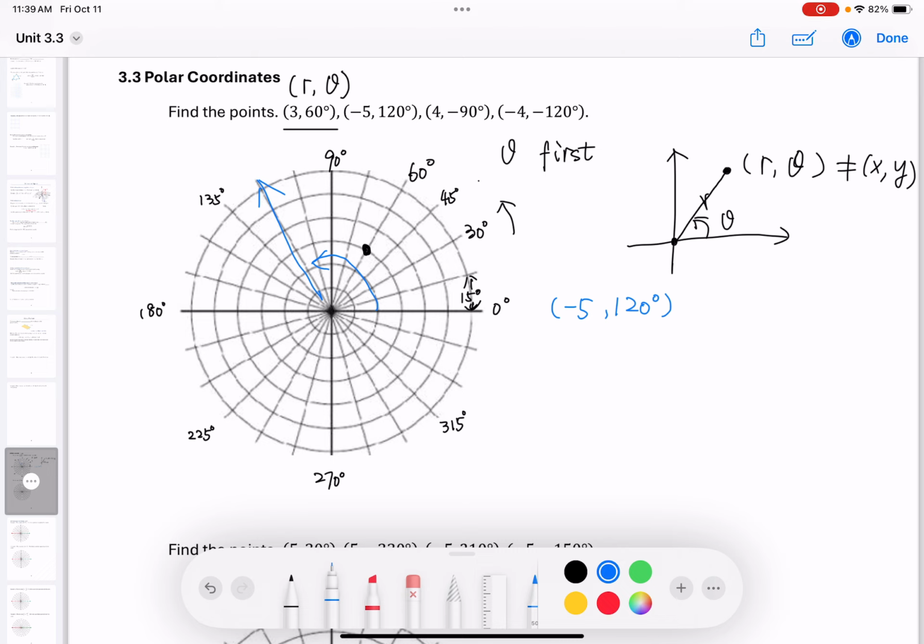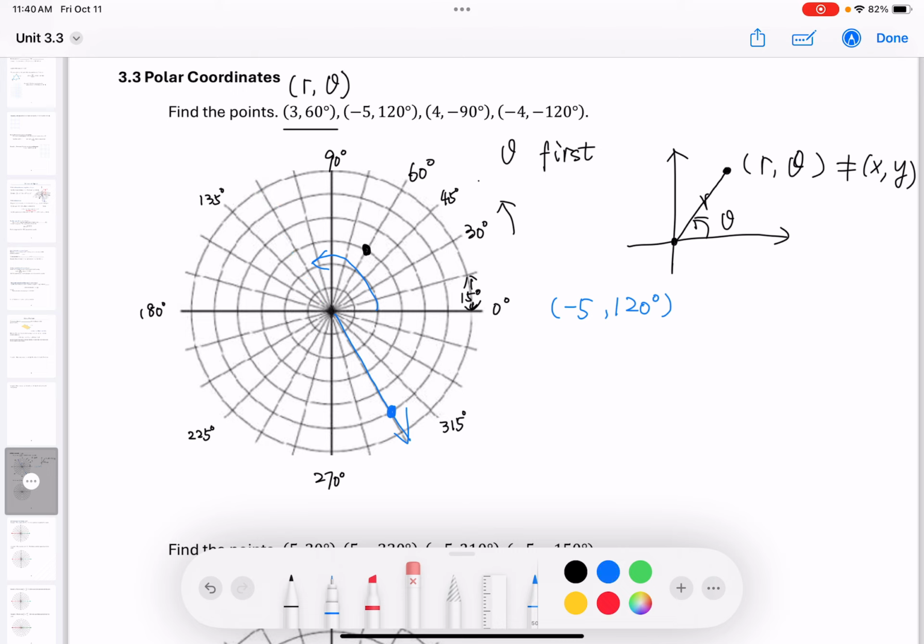So first, let's find (5, 120 degrees). 1, 2, 3, 4, 5 is the point here, but the opposite direction, so let's go this way, and count 5: 1, 2, 3, 4, 5. Okay, my second point is here. So first find the angle 120 degrees, second find the +5, then reverse the direction to the opposite. Then we have (-5, 120 degrees).